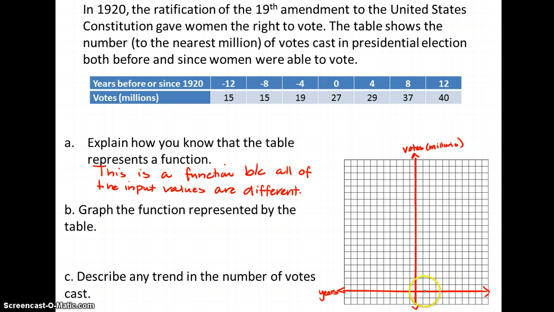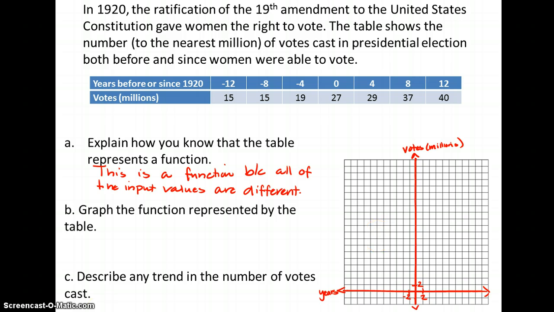The way to note that you're going by 2's is to just mark the first one as positive 2 and negative 2. Because my number of votes goes all the way up to 40, I'm also going to go by 2's for my y values. Plot each of your points now, remembering that for 15 you'll be in the middle.